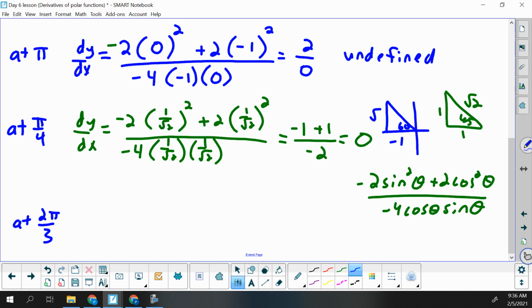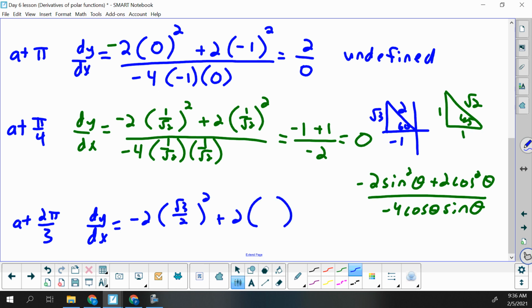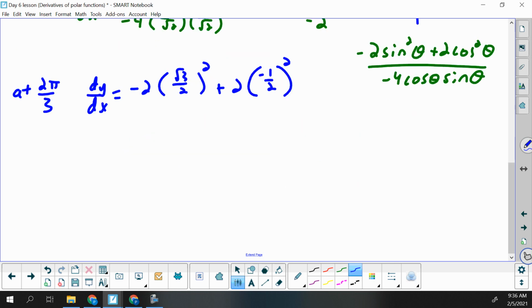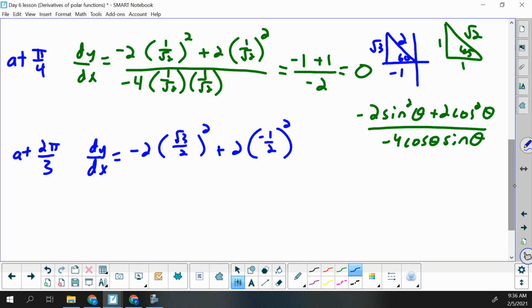So we'd have -1/2 for cosine and square root of 3 over 2 for sine. So we're going to have dy over dx is equal to -2 and we'll have our sine part squared, so square root of 3 over 2 squared, plus 2 times our cos part squared, which would be negative 1/2 squared. Then that's going to be over negative 4 times our cos, which was negative 1/2, times our sine, which was square root of 3 over 2.